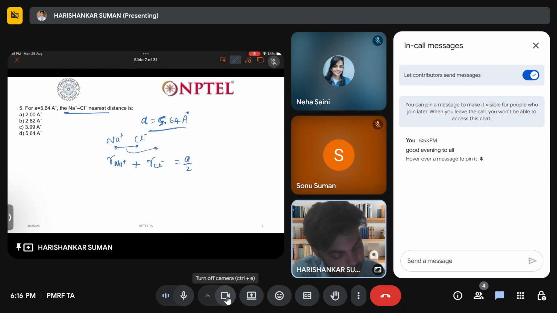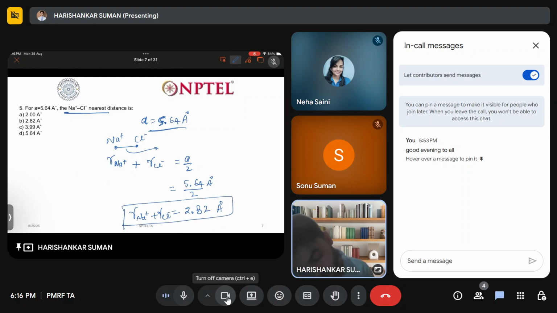Distance between the two is a by 2. So a is given. This is the distance between these two ions, the nearest distance. So answer will be B. Clear?